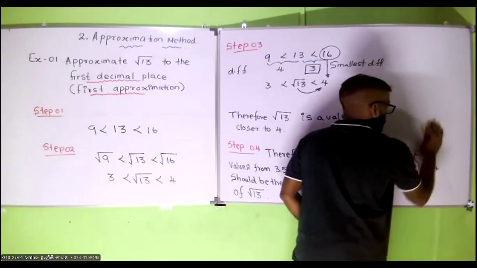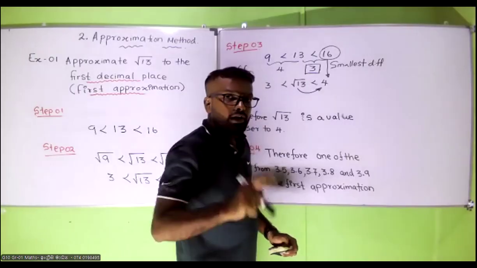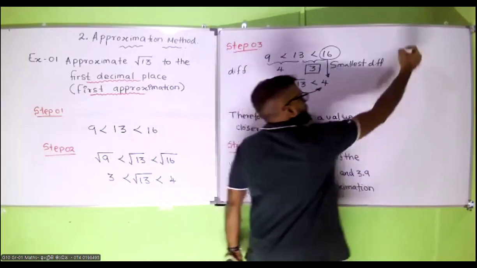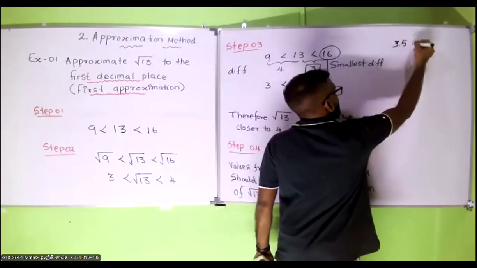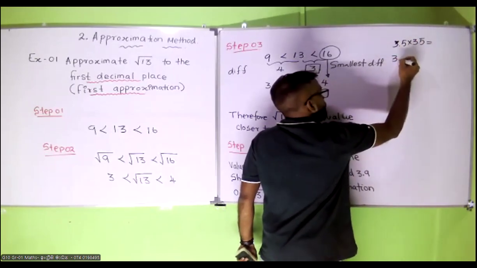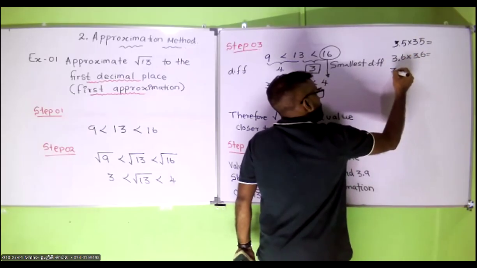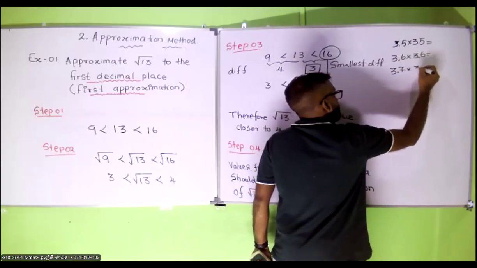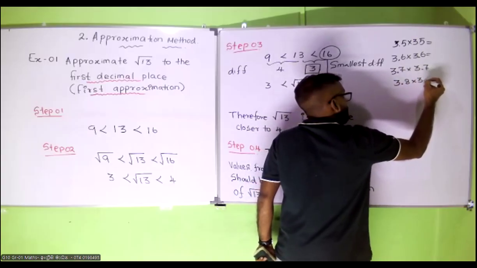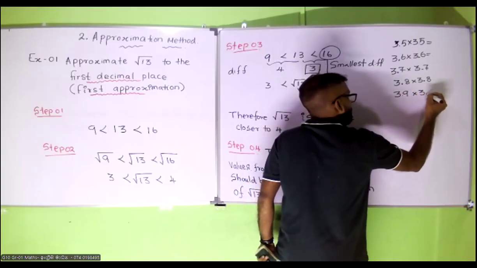Now I am going to explain how to obtain the final answer. Now look at the board, eyes on the board. Now I need all of you to take 3.5 into 3.5, 3.6 into 3.6, 3.7 into 3.7, 3.8 into 3.8, 3.9 into 3.9.